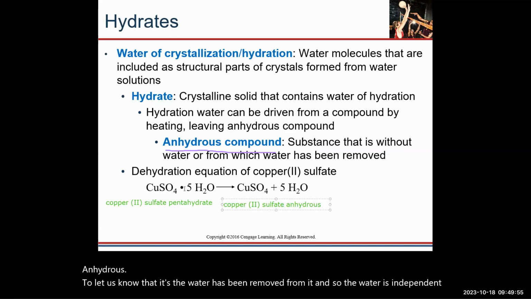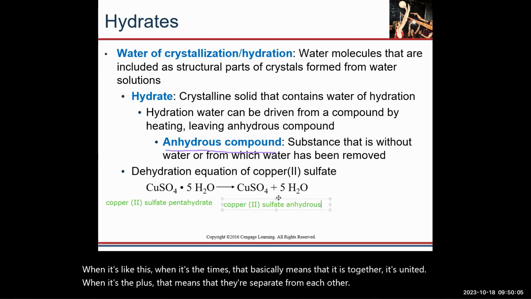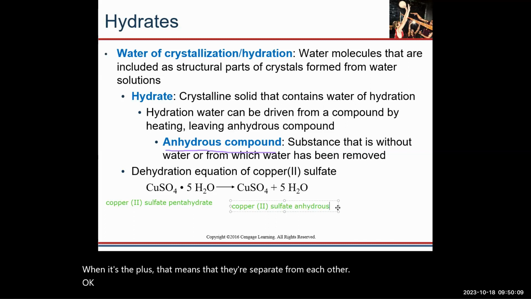When it's like this, when it's the times, that basically means that it is together, it's united. When it's the plus, that means that they're separate from each other. Okay? Questions?